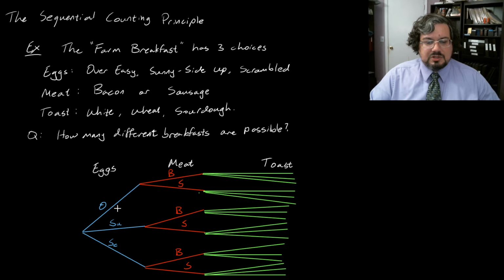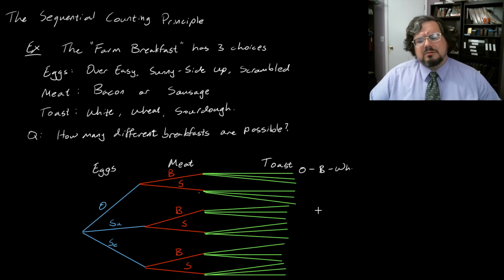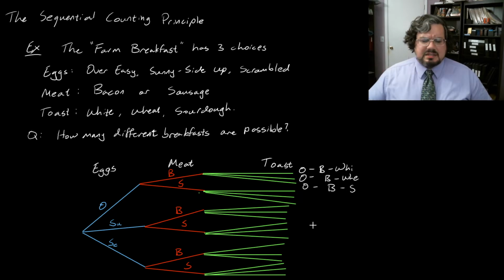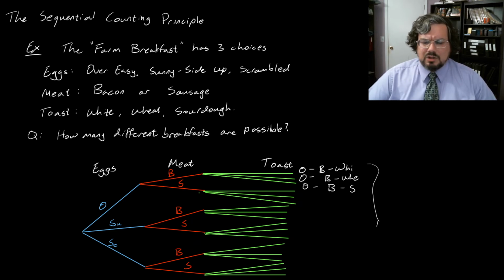So this first top choice might be the one where we choose over easy, bacon, and white as our choices for the meal. Then the next one is over easy, bacon, and wheat. And then we have over easy, bacon, and sourdough. And we could continue this down. And if we counted them all up, we'd find that there are a total of 18 choices here.